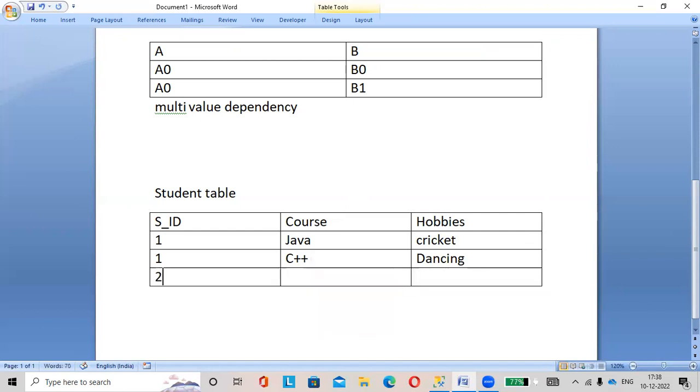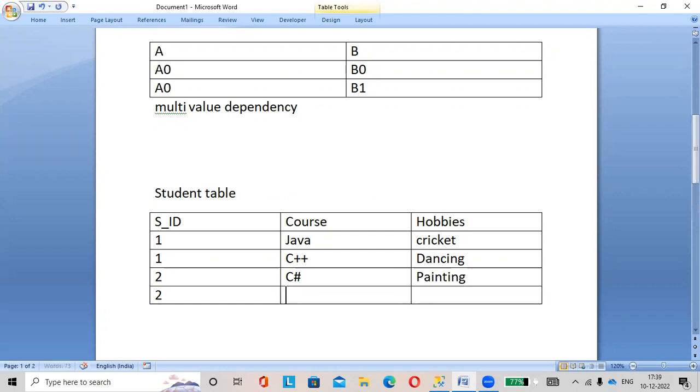Student roll number 2 enrolled for C#. His hobby is painting. Then student 2 enrolled for Python. His hobby is singing.